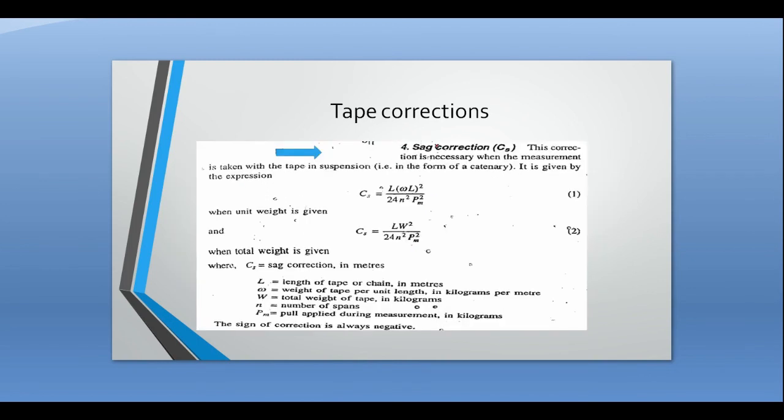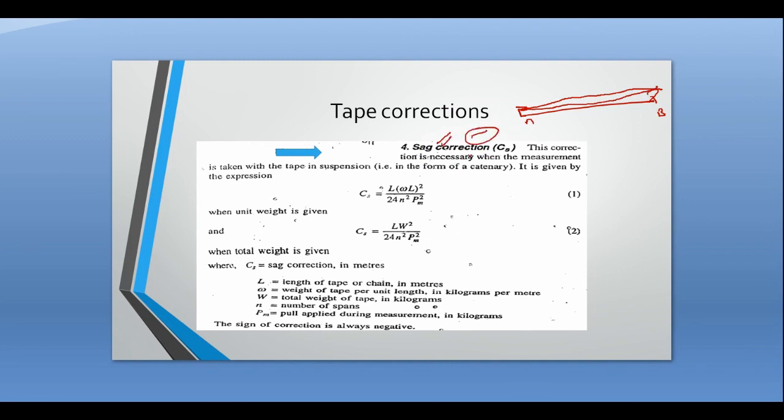Now sag correction, I have already explained: if these are the 2 points, suppose this is point A and this is point B, and if the tape is held at an elevation and is not held properly, it is having a sag. In that case sag correction will be applied, because it is giving you a larger value, obviously it needs correction. So sag correction is always negative.